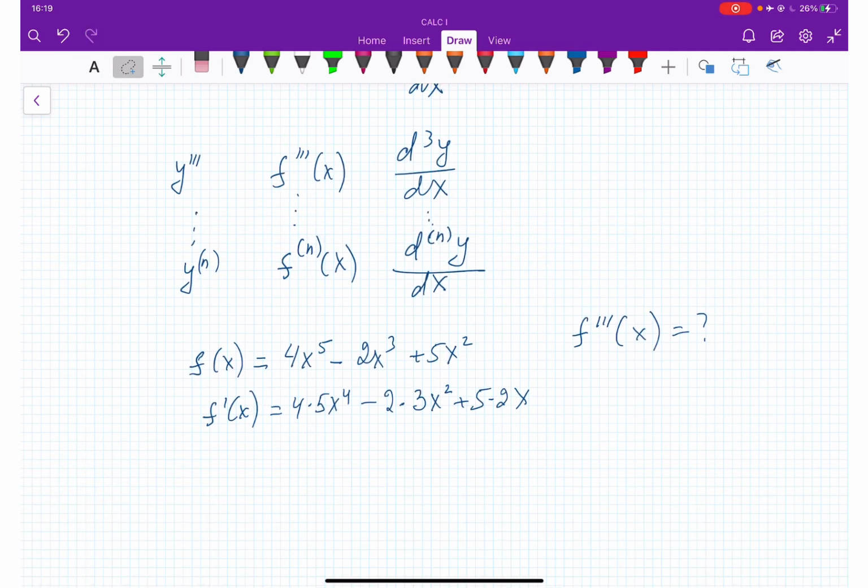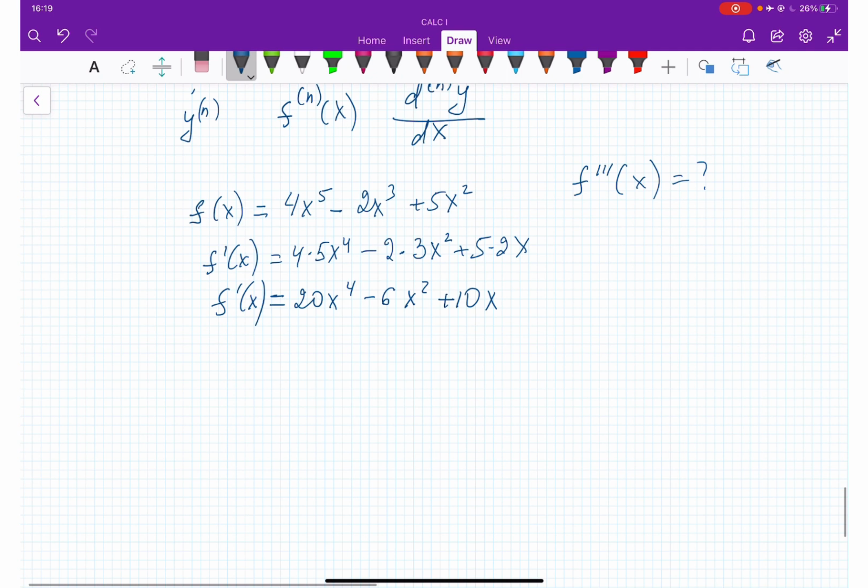This is equal to 20x to the 4, the first derivative, minus 6x squared plus 10x. Next, the second derivative. So I'm taking it from the first derivative. It's going to be 20 times 4x cubed minus 6 times 2x and plus 10.